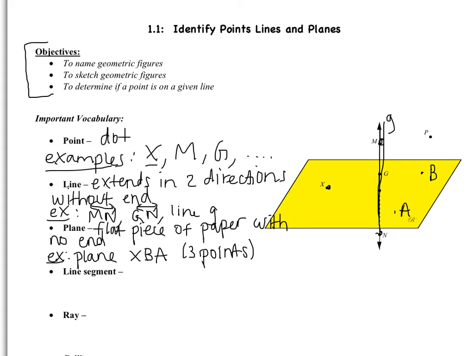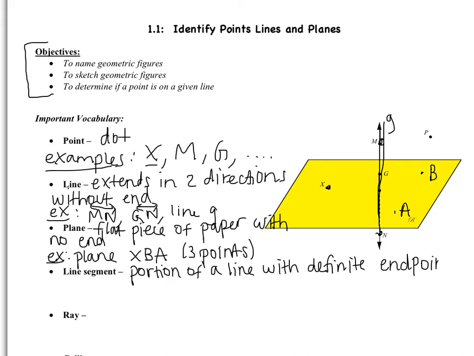Okay, next, a line segment is a portion of a line that has definite endpoints. It includes all the points in between those 2 points. So, for example, this right here is a line segment.